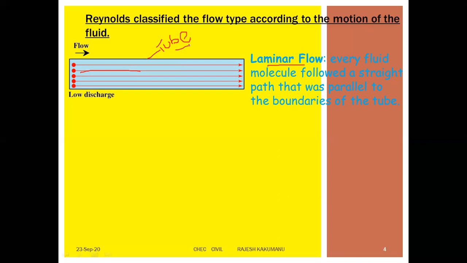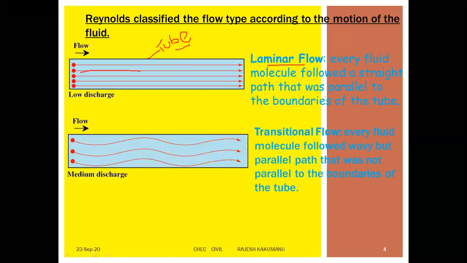Second one. Whenever oil or liquid flows in a container with a medium discharge, the flow will have a wavy nature. This type of flow is nothing but transitional flow. Every fluid molecule follows a wavy but parallel path that is not parallel to the boundaries of the tube.